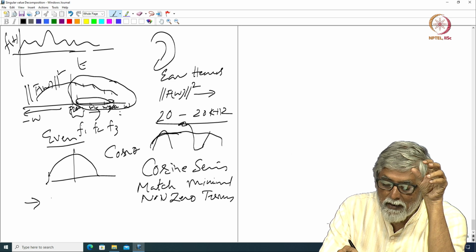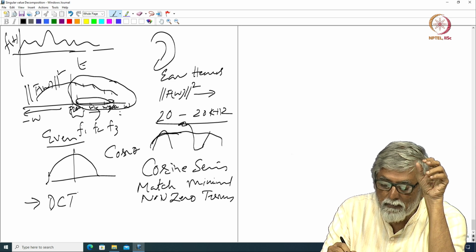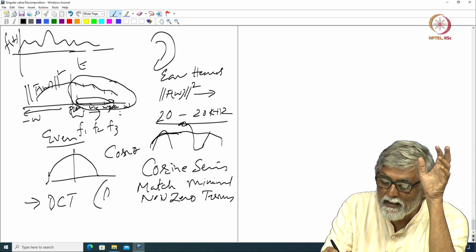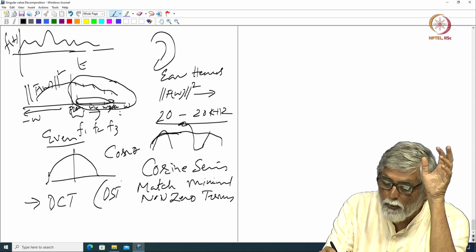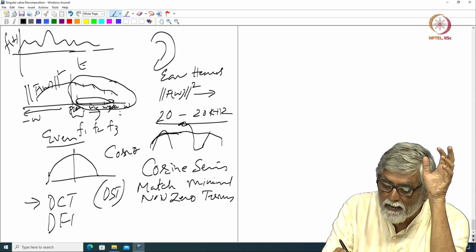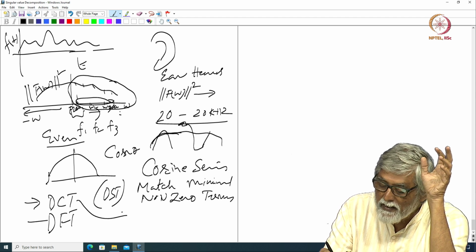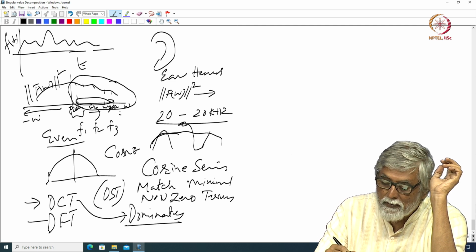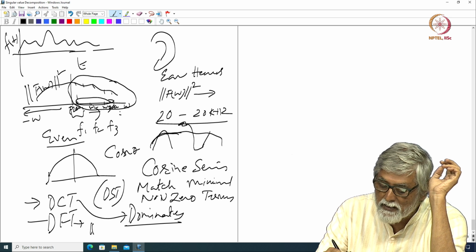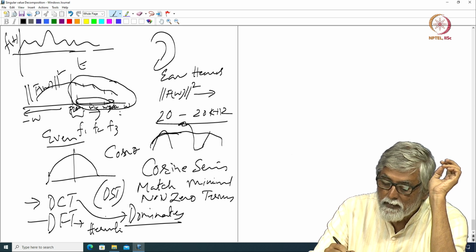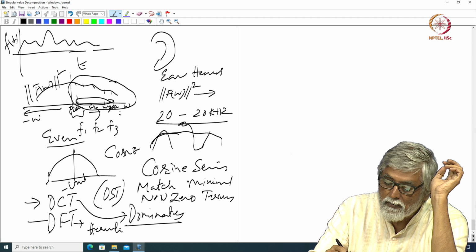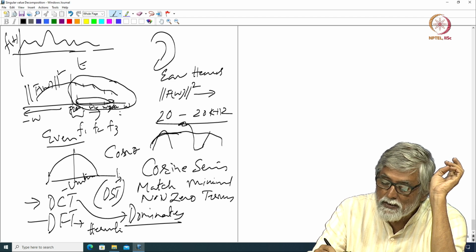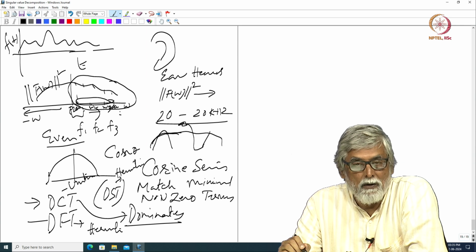So, the discrete cosine transform vis-a-vis the discrete sine transform, which are both cousins of the discrete Fourier transform, this DCT dominates. DFT is Hermitian, this is unitary, this is also Hermitian.